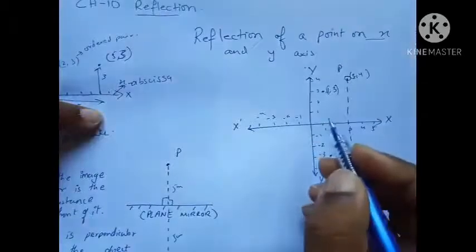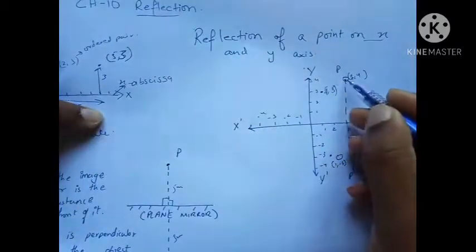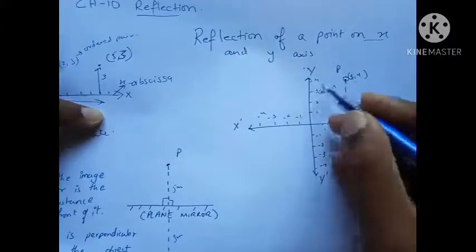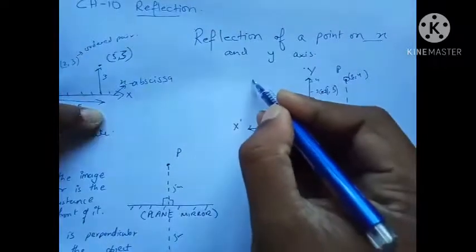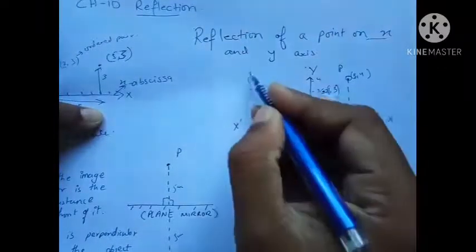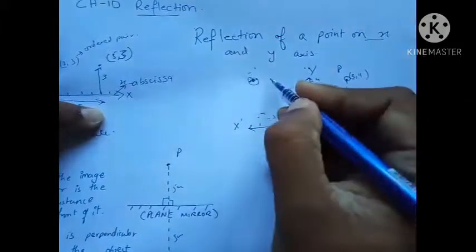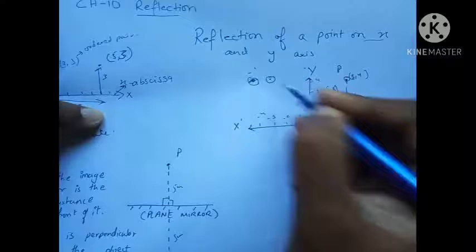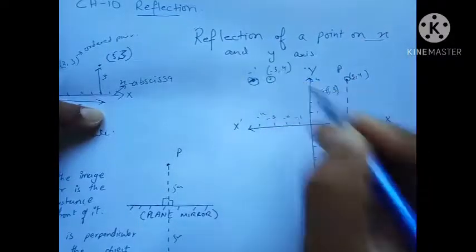And the same for the y-axis. For example, an object is placed over here, let's say this is the object. Where is the image going to be formed? If I take the y-axis as the mirror, the image is going to be formed over here. So what is this point going to be? Minus 3 comma 4. So what changed over here?